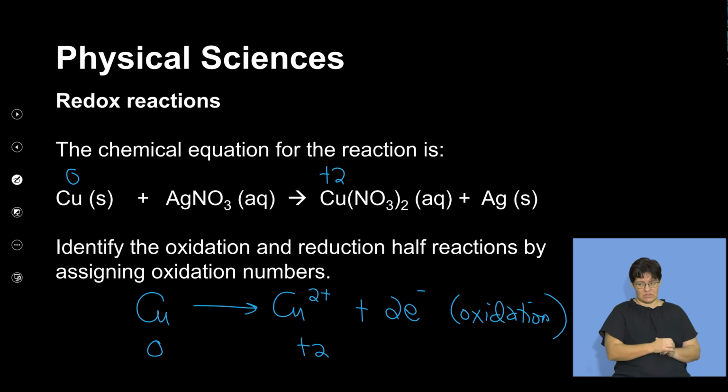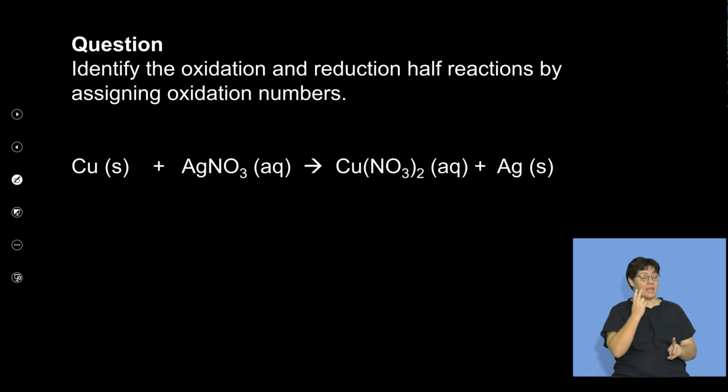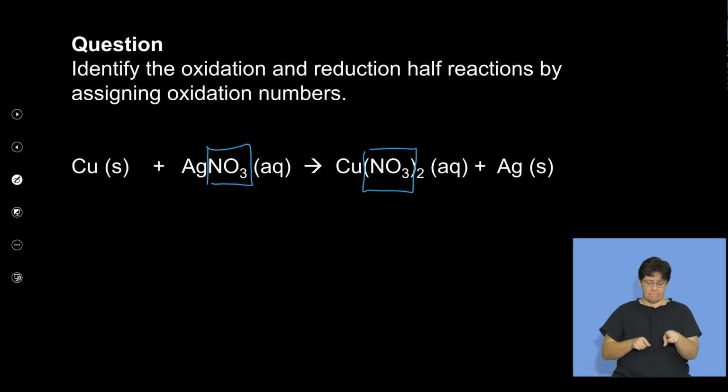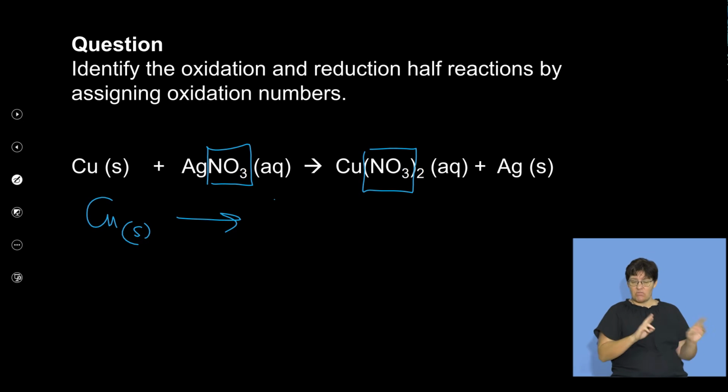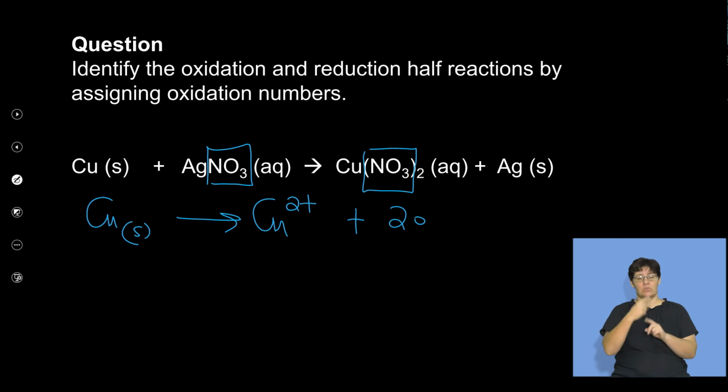And then again, we can talk about silver. But before we talk about silver, the nitrate is still the same on the left and on the right. So if this is the half reaction for copper, its oxidation number increased. It can only be explained in terms of the loss of electrons. That's our oxidation half reaction.